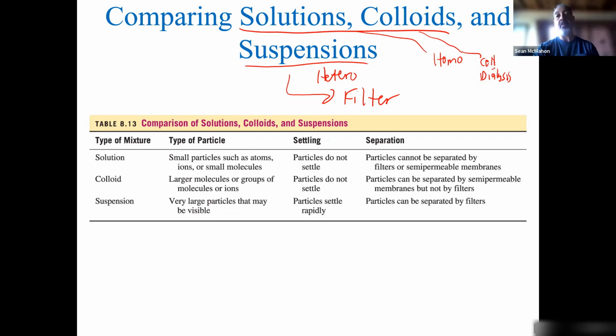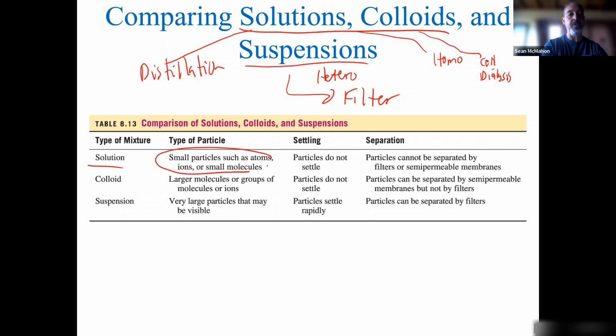Cellophane membranes or semi-permeable membranes allow us to separate proteins in colloids. Now with true solutions, because the particles are so small, this is where you're going to actually have to use distillation to separate them. Okay, so those are the ways. Another way you can think of it is solution as the smallest particles.